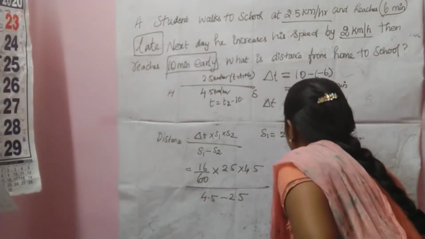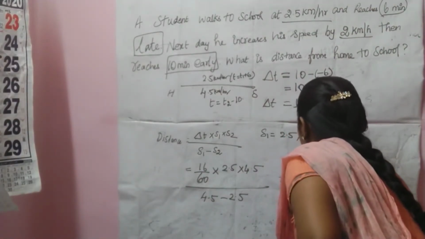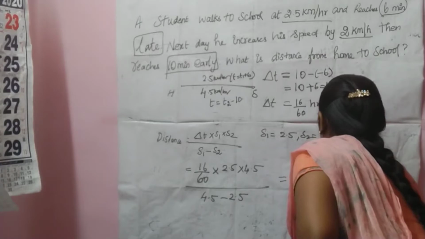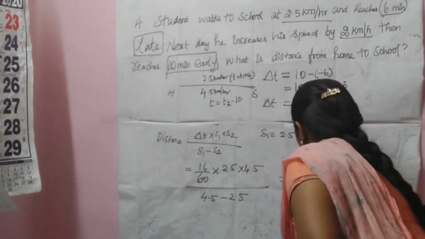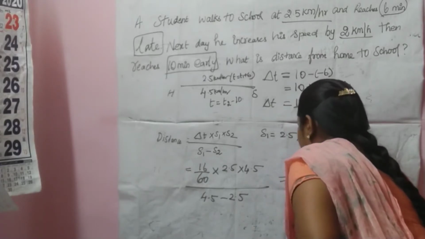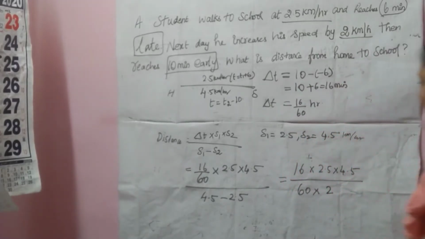So it's a normal simplification, right? So 16 into 2.5 into 4.5, divided by, bringing that 60 in the same denominator, 2.